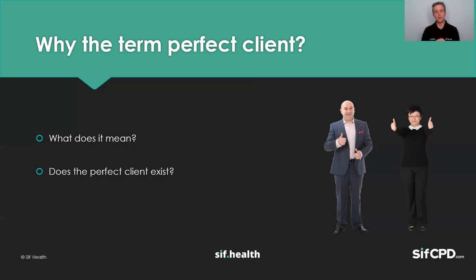Now, what's interesting here with the perfect client is there are those two sides to it. There's what you feel is the perfect client that you want. And likewise, there is the perfect client that thinks you are the perfect person for them. So there's two sides of the coin.